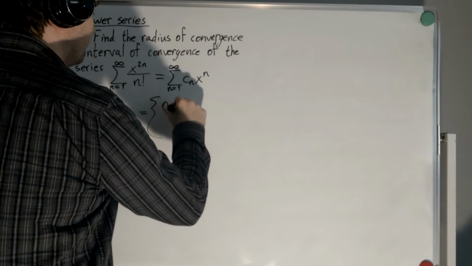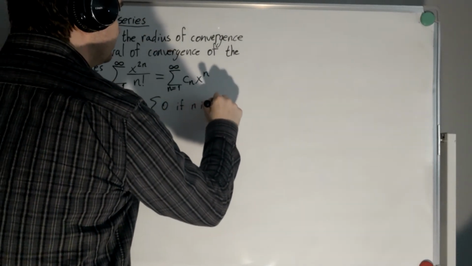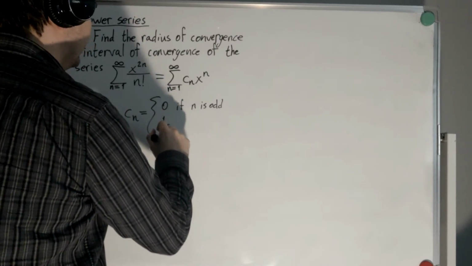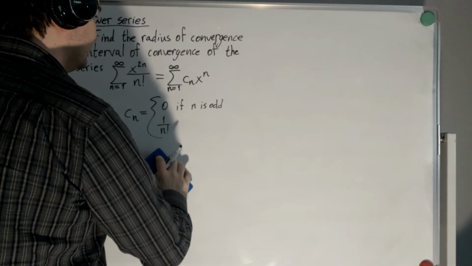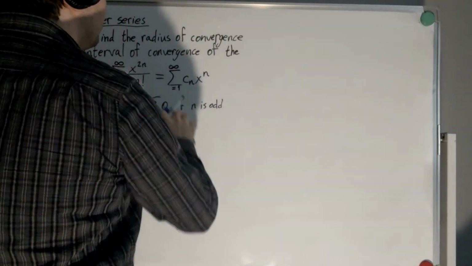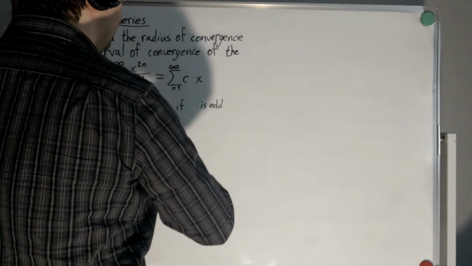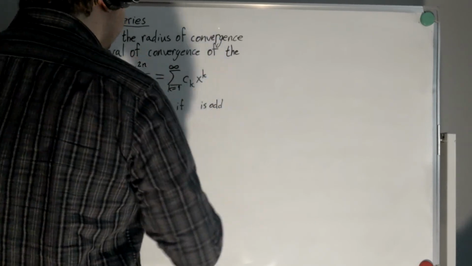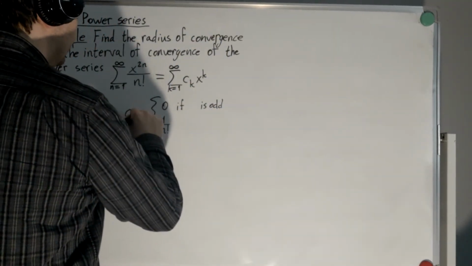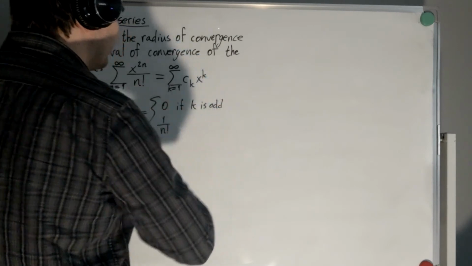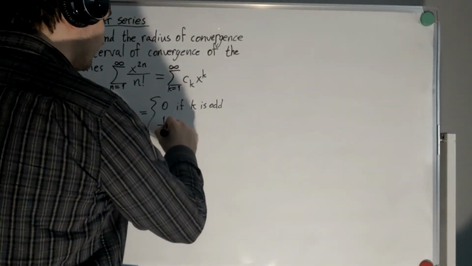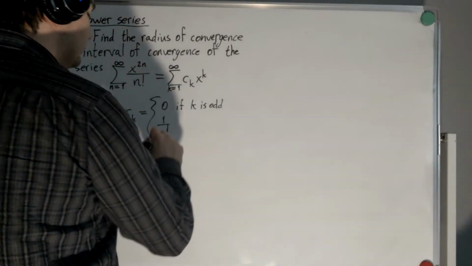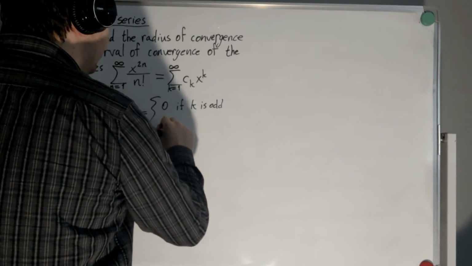where Cn is just 0 if n is odd, and 1 over n factorial, actually, I should write this differently. We'll call it the sum from k equals 1 to infinity of ck x to the k, where ck is 0 if k is odd, and if k is even, then this becomes 1 over k over 2 factorial.